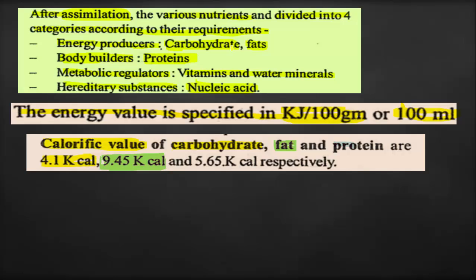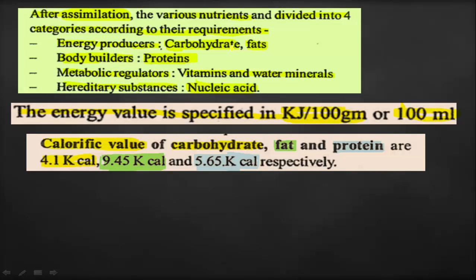Then proteins, the caloric value is 5.65 kilocalorie. I have used some specific color for the organic molecule and the related energy value so that it will be easy to remember. For the carbohydrates, the caloric value is 4.1 kilocalories.